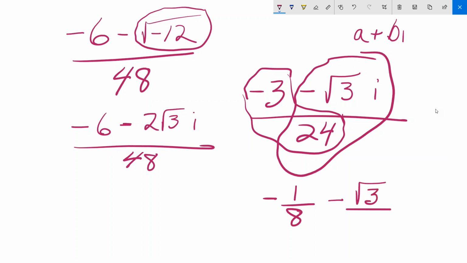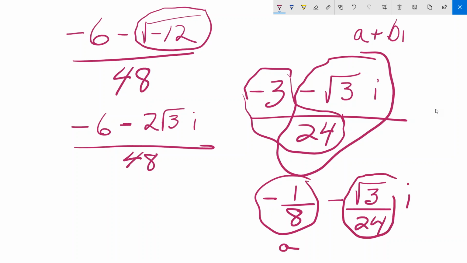Actually, you need to do it this way. In other words, that is A. And that's the B. In other words, you need to separate the number part out completely. So you end up with root 3 over 24.